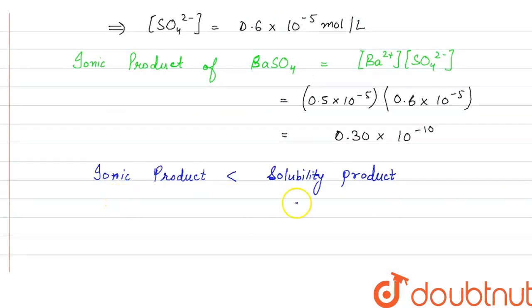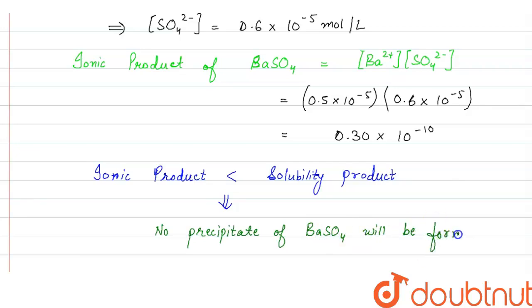Right. So when ionic product is less than solubility product, it means no precipitate of barium sulfate will be formed. So this is the answer.